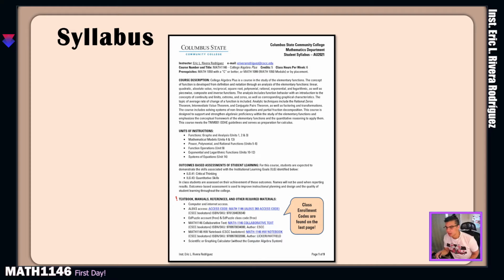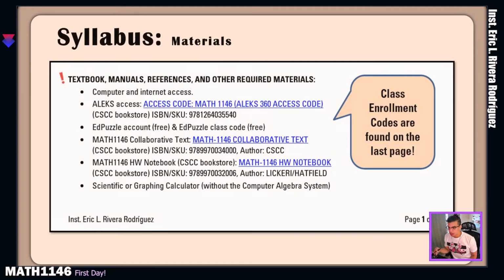If you haven't purchased the class materials yet, you need to buy them now, because it takes time until they reach your location for delivery. Right? So what you need is the access code for Alex, an account that's completely free, the collaborative text, and the homework notebook. And I discuss how we use the homework notebook later in this presentation.